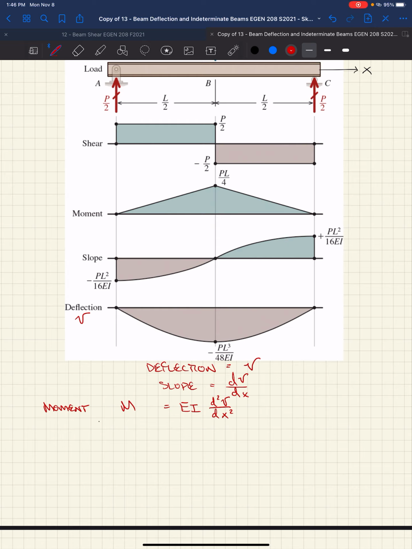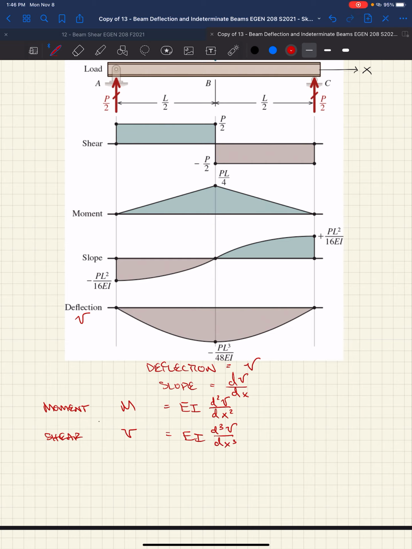So to get from deflection to slope, we take the derivative. To get from slope to moment, we take the derivative. If we want to go to shear, anyone guess what we do? No takers. Take the derivative.